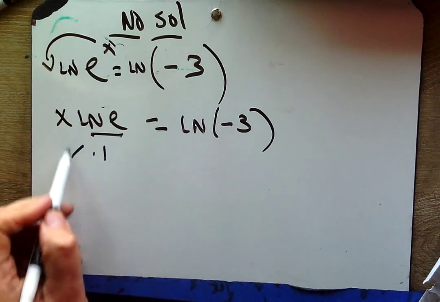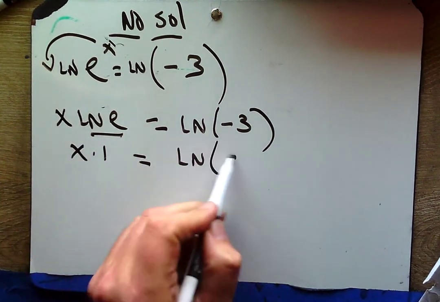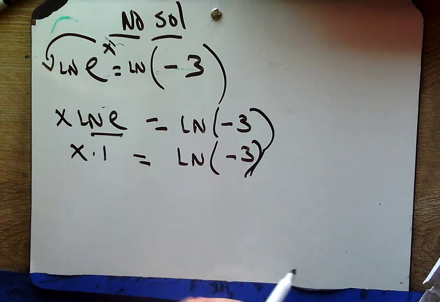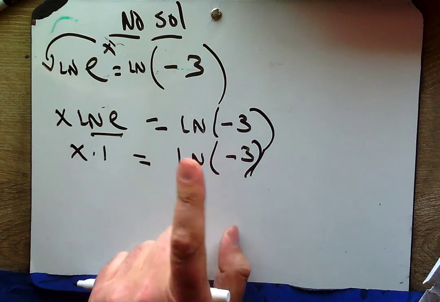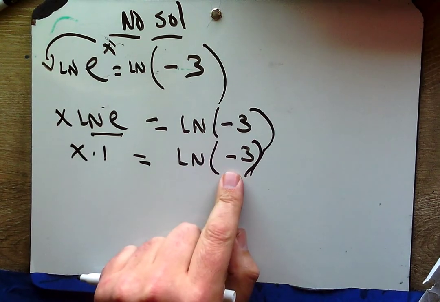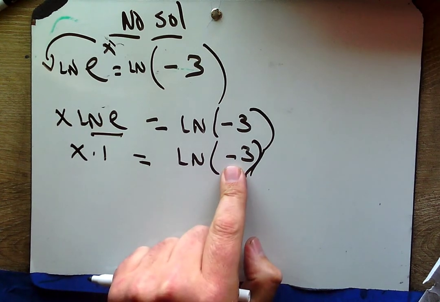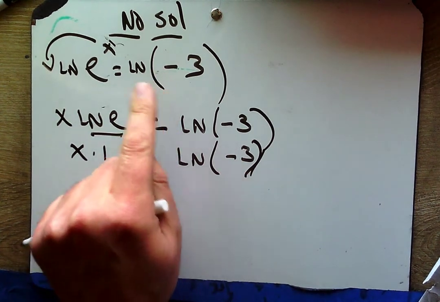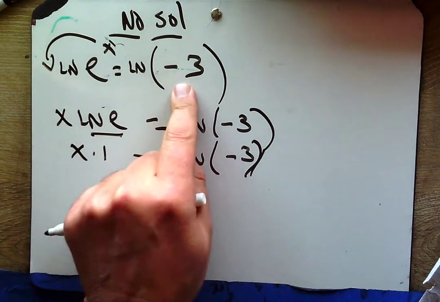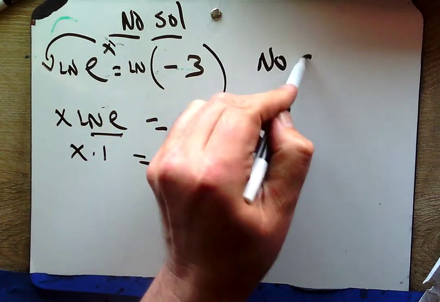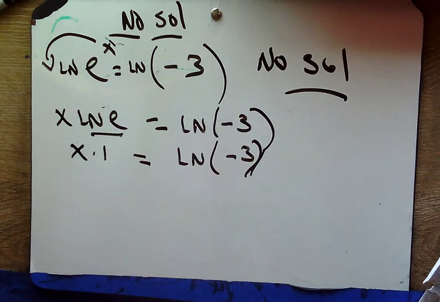We know that's 1. Now, what about this? Well, yeah, that's the issue, isn't it? Because remember, I can't take the ln of a negative number. And so as soon as I take the ln and see it's the ln of a negative number, I should say no solution. These things do not intersect, okay?